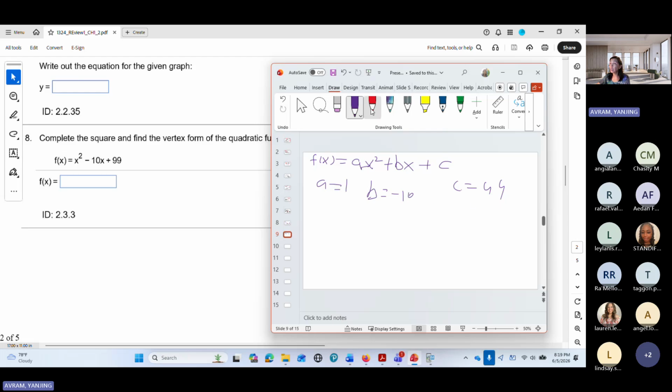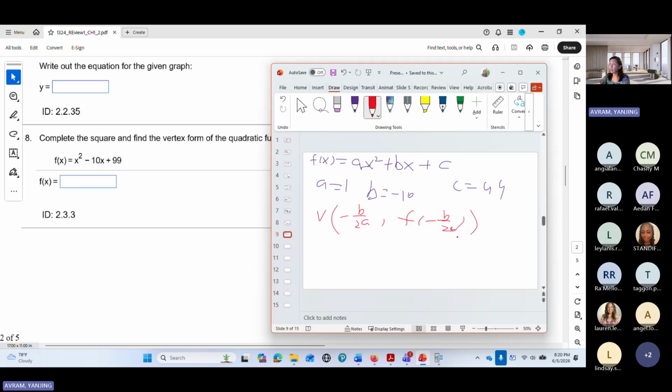And the formula here is the vertex formula. This formula actually is in the formula sheet. So if you want to use this one, your vertex x is negative b over 2a, and then you can just plug this x in to calculate the y.